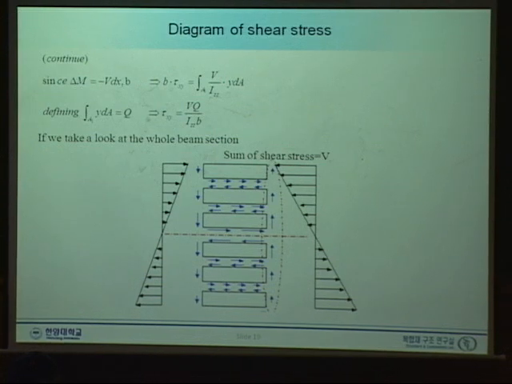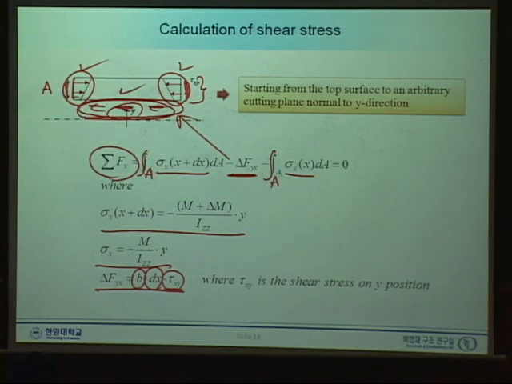And here, dM is what? Given as minus dx V from the equilibrium equation, right? So this term will disappear, and dM, we can put this into here.